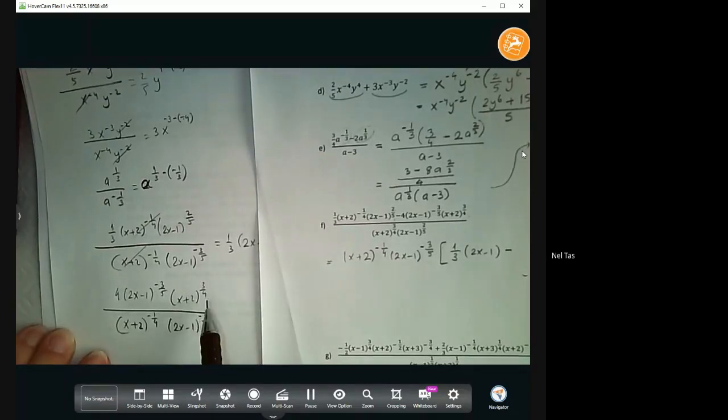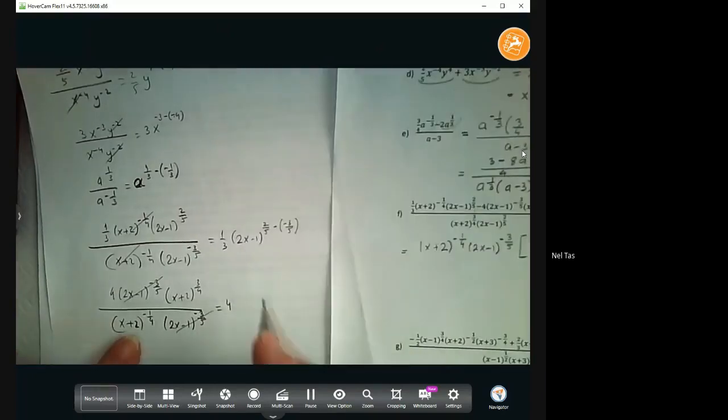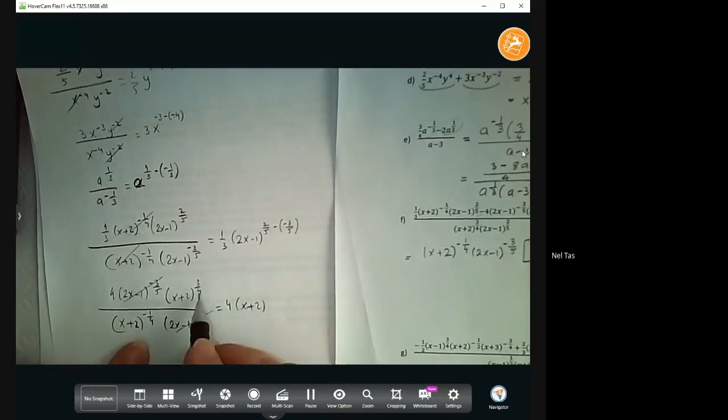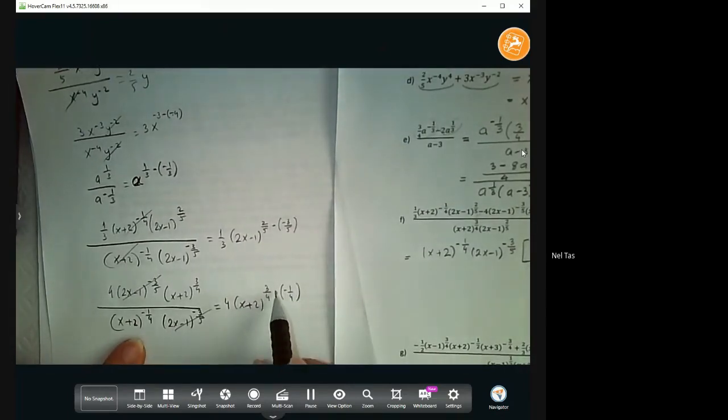Okay, so these two are gone. So you get 4 times x plus 2, subtract the powers. 3 over 4 minus negative 1 over 4. So 3 over 4 plus 1 over 4, which is 4 over 4, which is 1. So 4 times x plus 2.